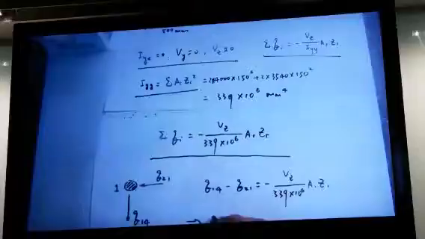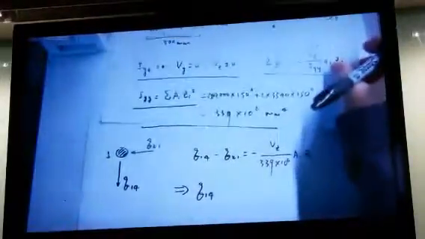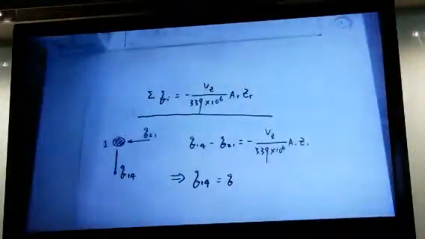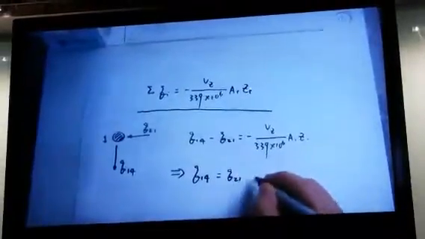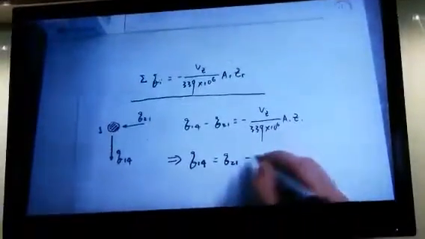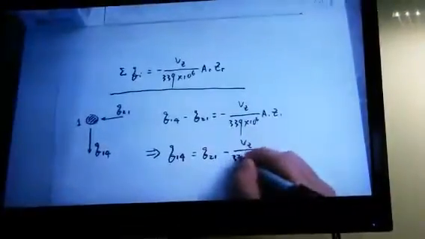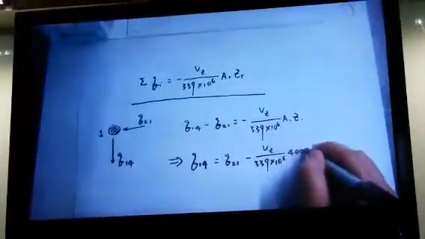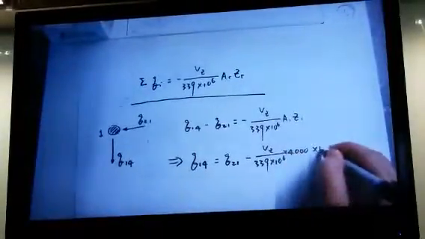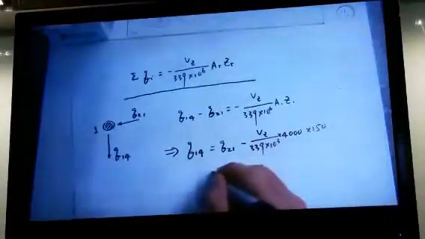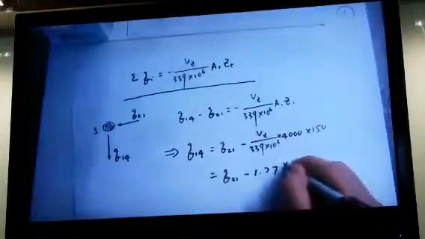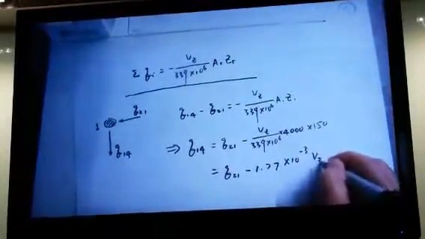So from this, we have Q14 equals Q21 minus Vz over 10 to the 6 times A1, which is 4,000, times Z1, which is positive 150. So using this number, you get Q21 minus 1.77 times 10 to the minus 3 Vz.